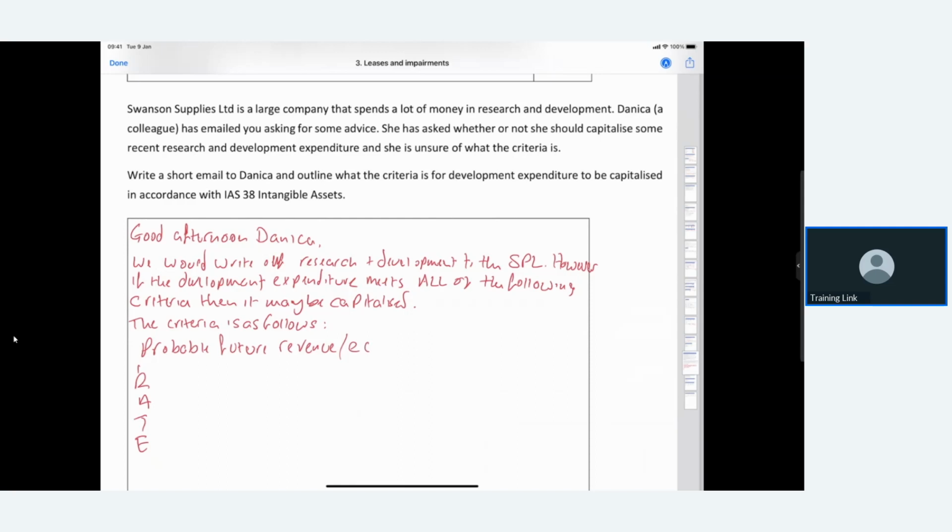There is a likeliness that this will come to market. Economic benefit. I, intention to complete it.